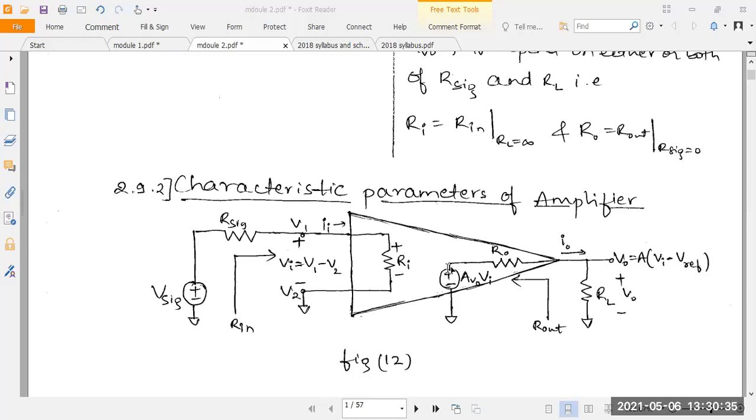Then the voltage source, the output voltage source, that is AV0. AV0 is equal to V0 divided by VR. So these are the unilateral parameters.